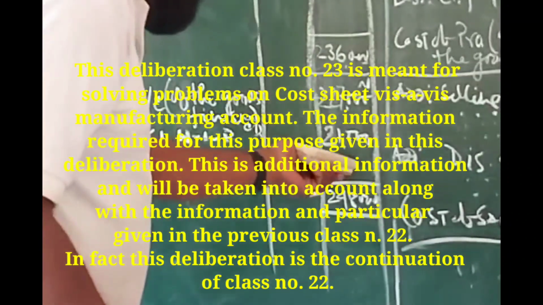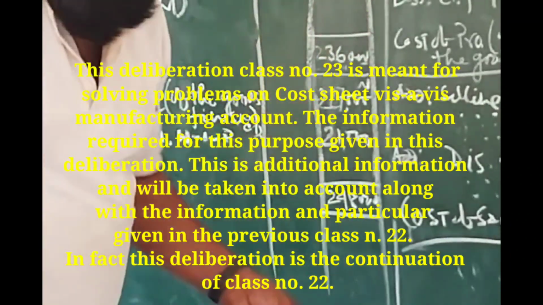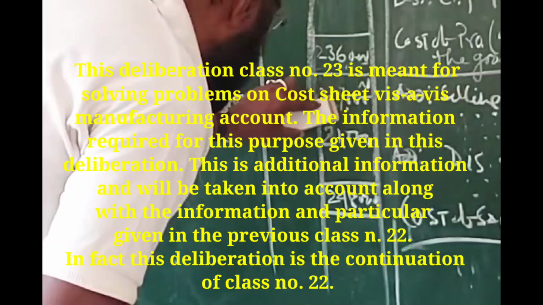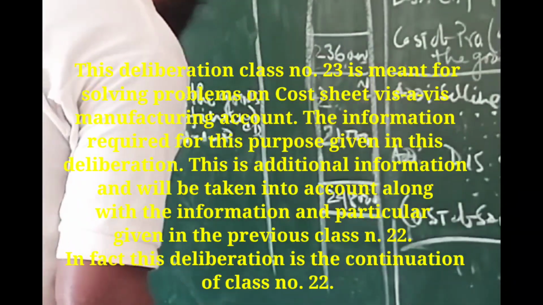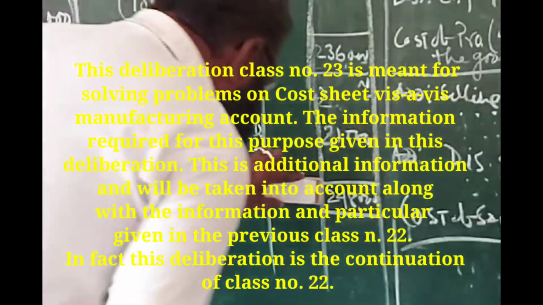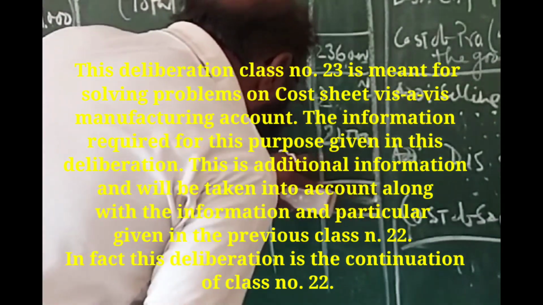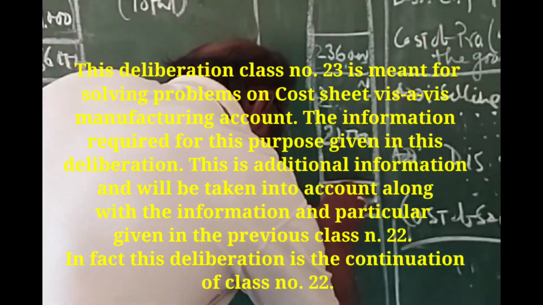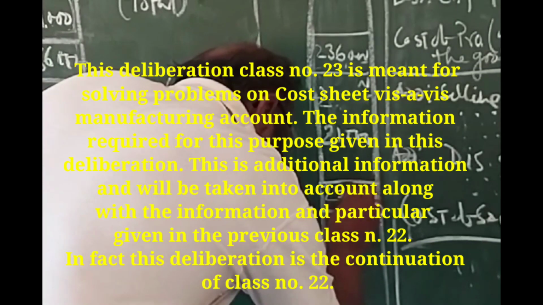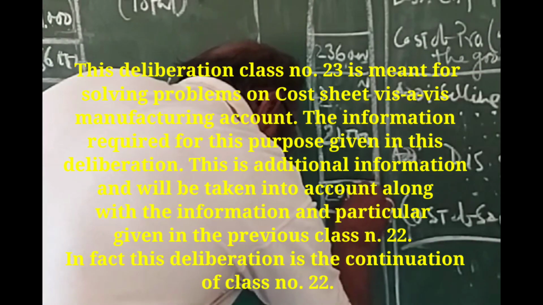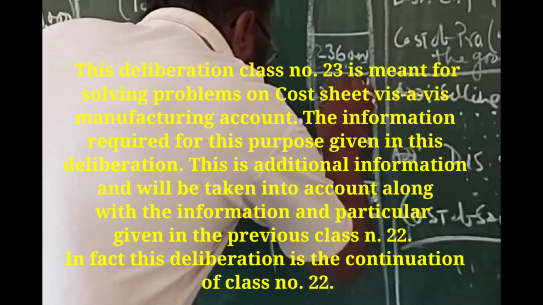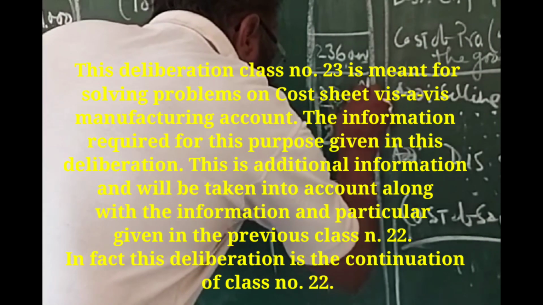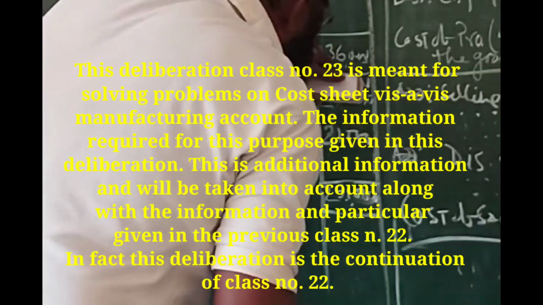As per the information given it was 21,000, so the amount should be 2,51,000 and then 2,30,000.